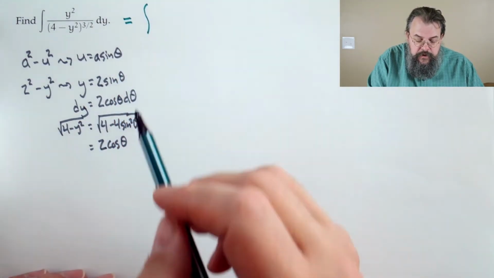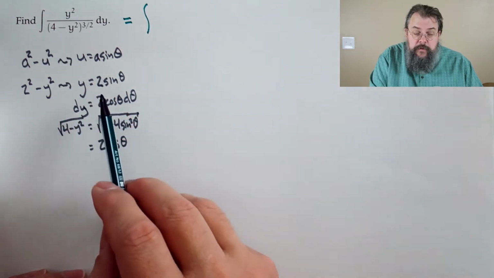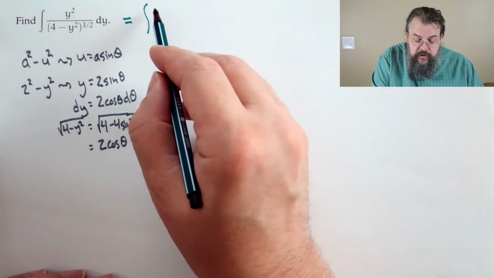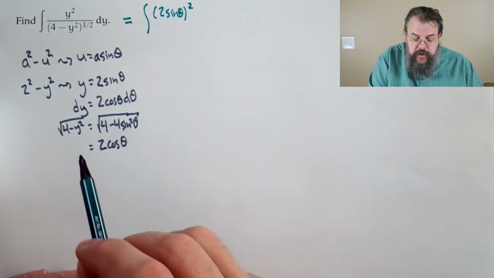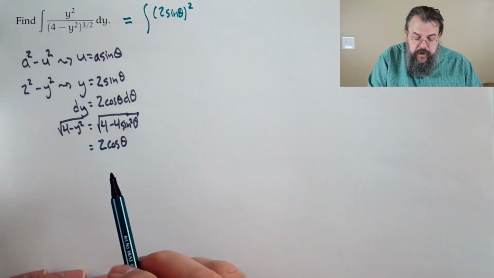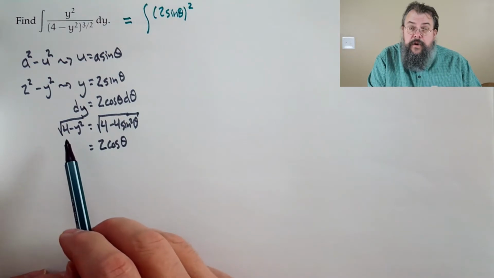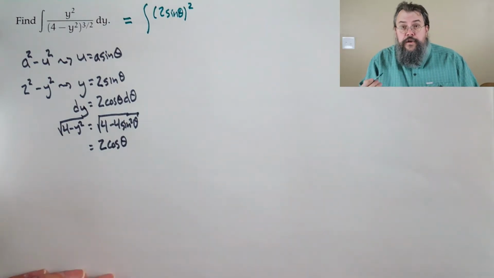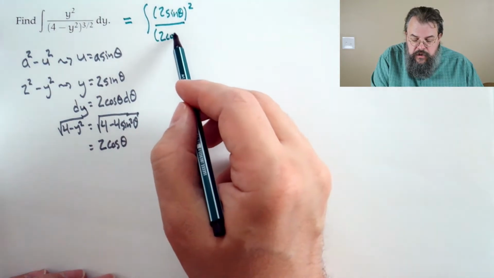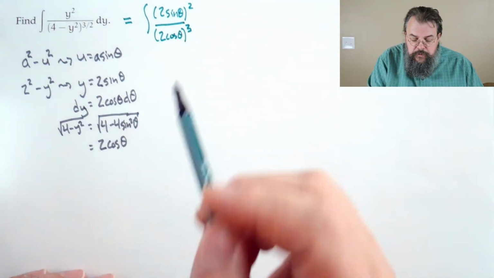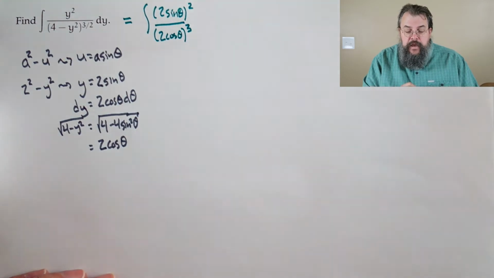So it's still the integral. Y squared, well, y is 2 sine theta, so 2 sine theta squared. The denominator, 4 minus y squared to the 3/2, is really the square root of 4 minus y squared cubed, so that's going to be 2 cosine theta cubed. And now we're going to multiply that by dy.